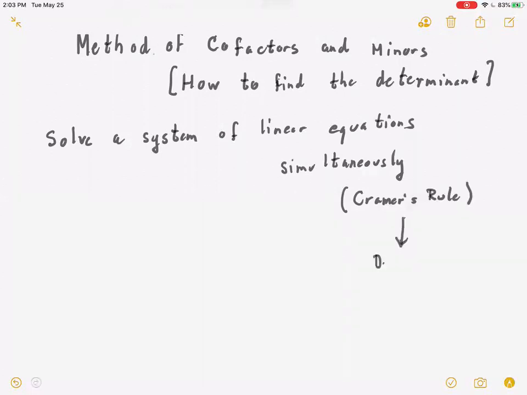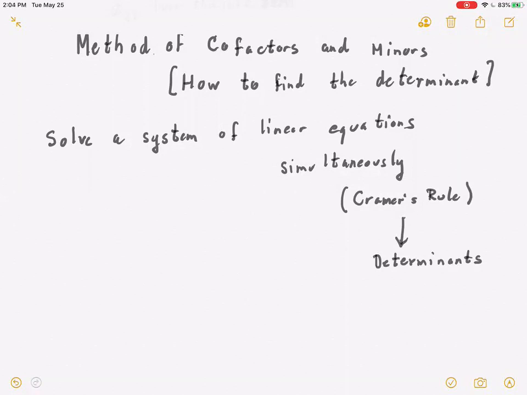We came to the realization that in order to use Cramer's Rule, you need to be able to evaluate the determinant of a matrix. And in fact, we looked at 2x2 determinants and 3x3 determinants.